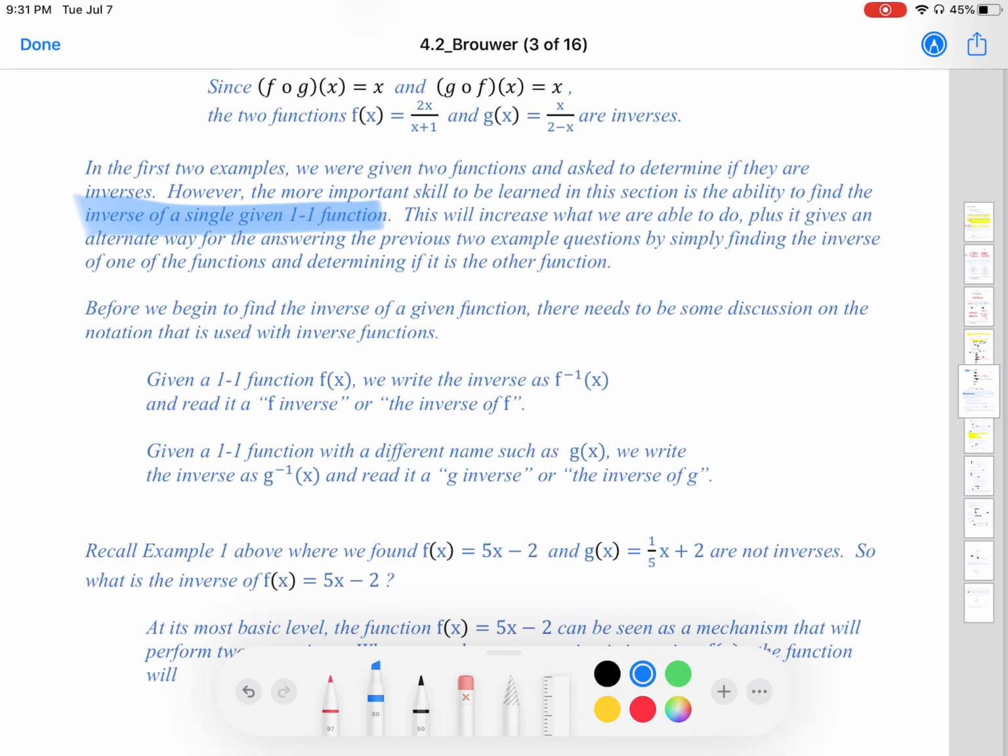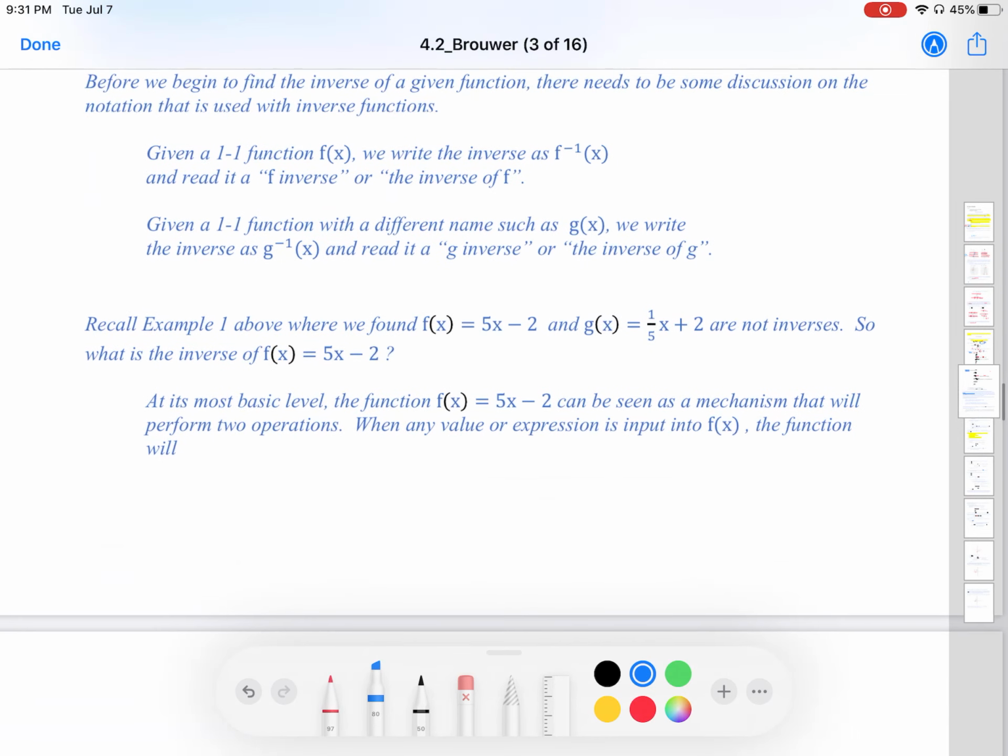Before we begin to find the inverse of a given function, there needs to be some discussion on the notation that will be used with inverse functions. So given a one-to-one function f of x, for the inverse, we have this notation. So when you see that -1 that kind of looks like an exponent, it's not an exponent when it's used in function notation.